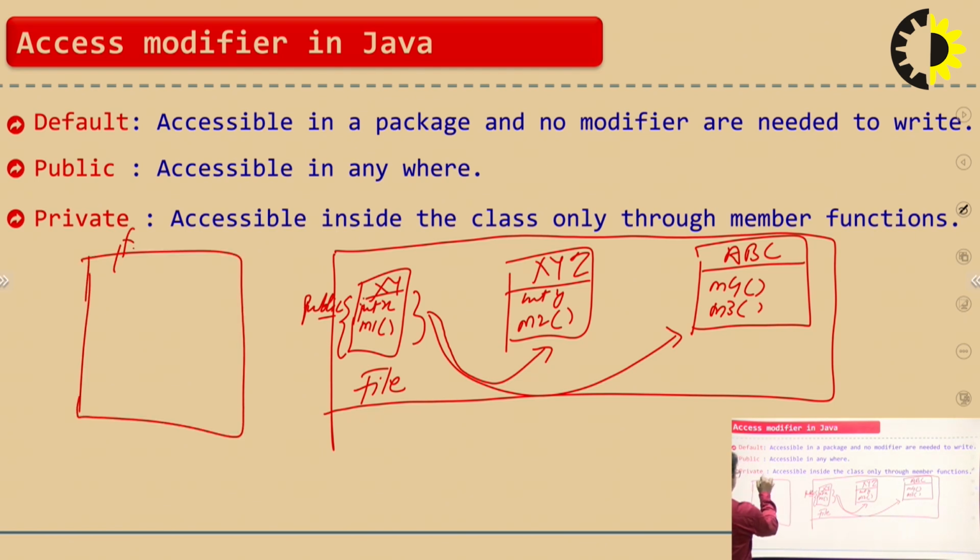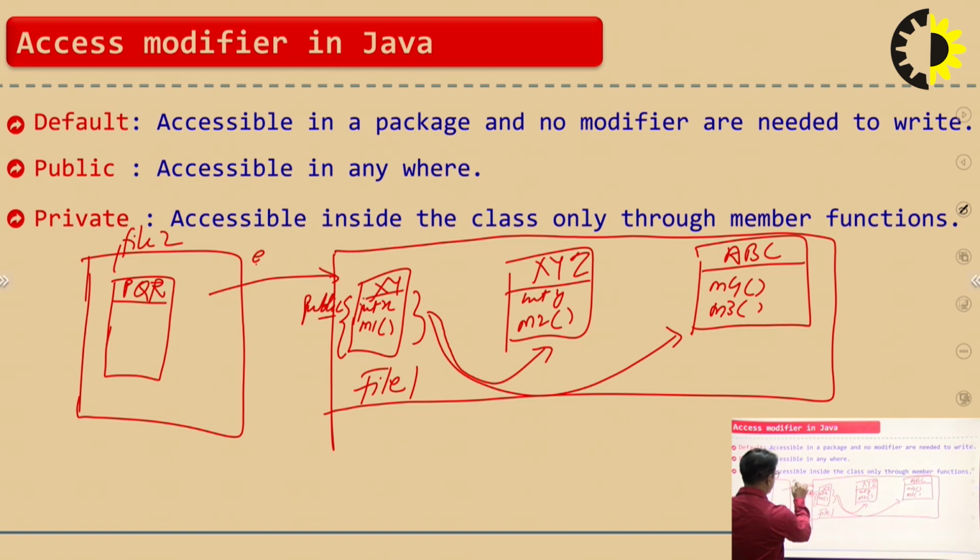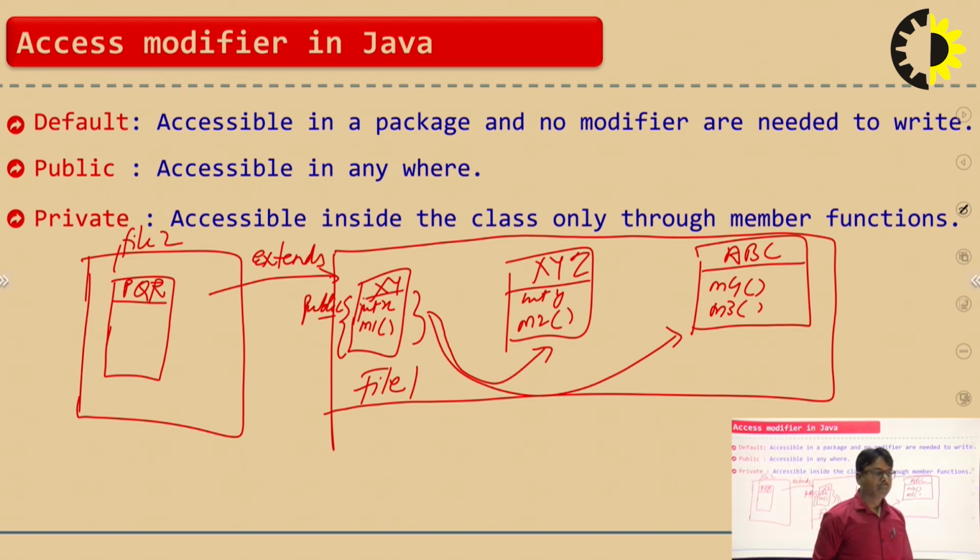And if we write another file, file 2, and this one is file 1, and here we create a class pqr, and this class or file tries to extend this file, extends here, this is the process by which public members can be accessed in different classes. This file holding the pqr class now wants to access the public members of the xy class.